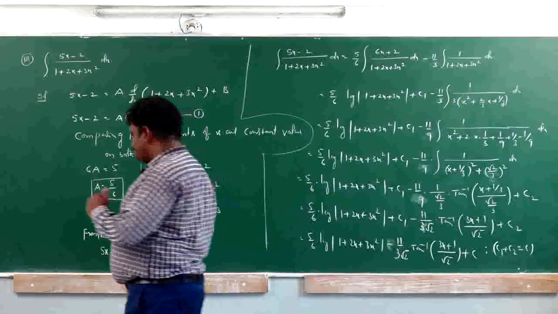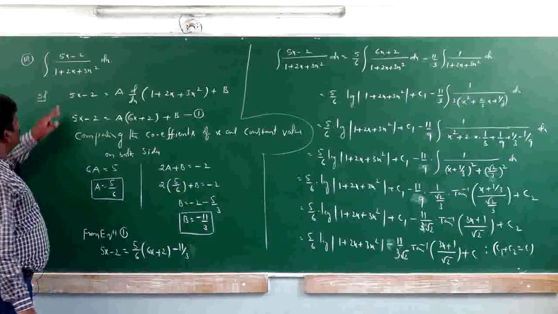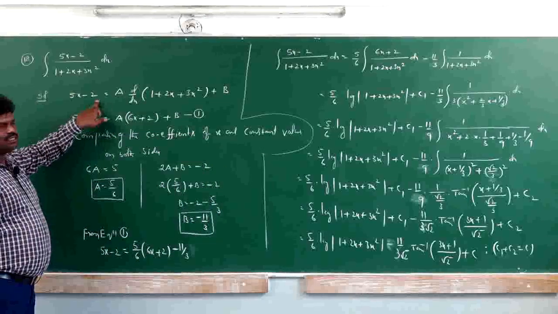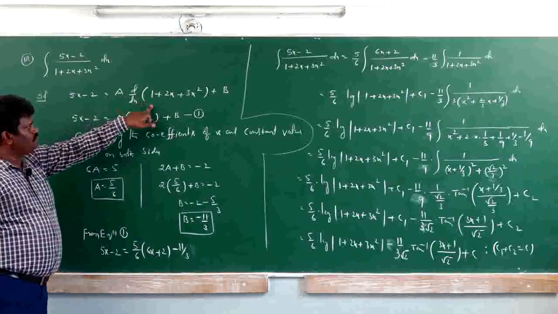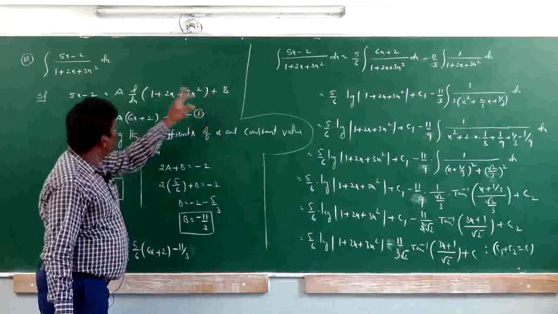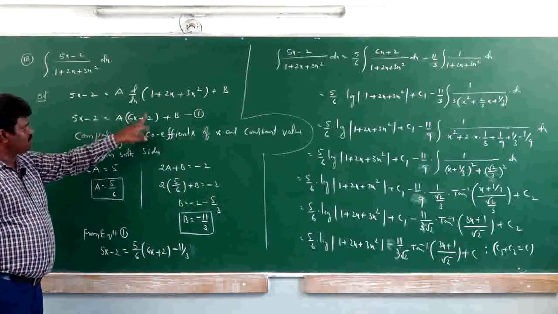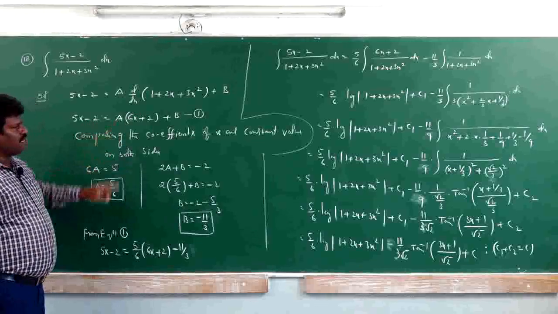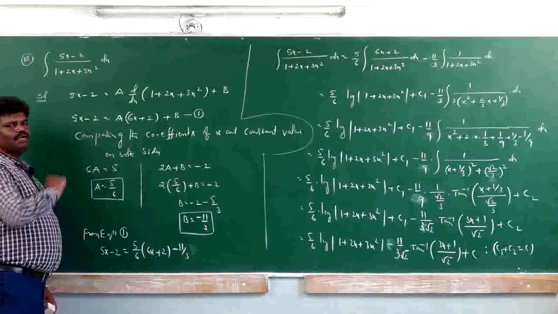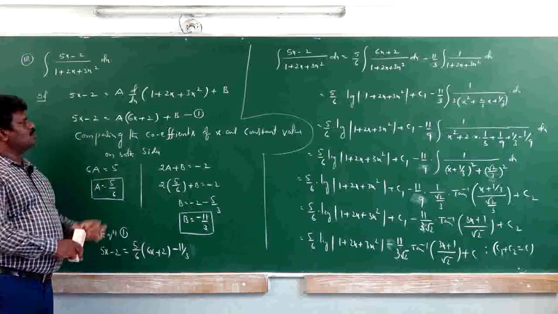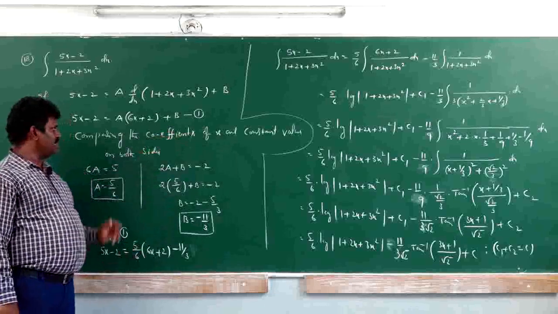Comparing with the same method, the numerator 5x minus 2 is equal to a into d by dx of the denominator plus b. Now the derivative is 6x plus 2. From equation 1 we find the a value and b value, comparing the coefficients of x and the constants on both sides.